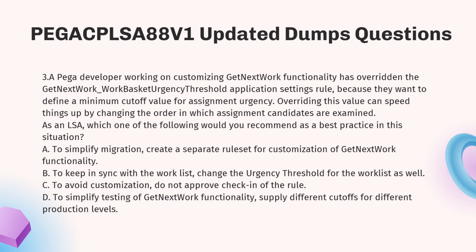A. To simplify migration, create a separate rule set for customization of GetNextWork functionality. B. To keep in sync with the work list, change the urgency threshold for the work list as well. C. To avoid customization, do not approve check-in of the rule. D. To simplify testing of GetNextWork functionality, supply different cutoffs for different production levels.